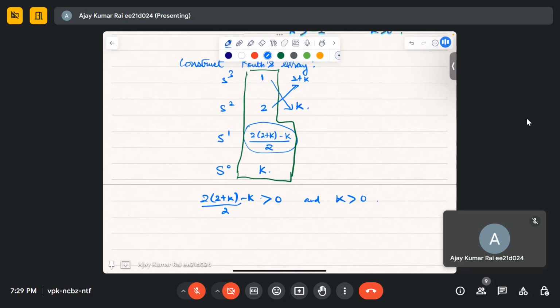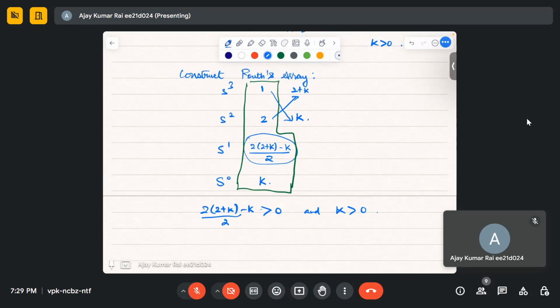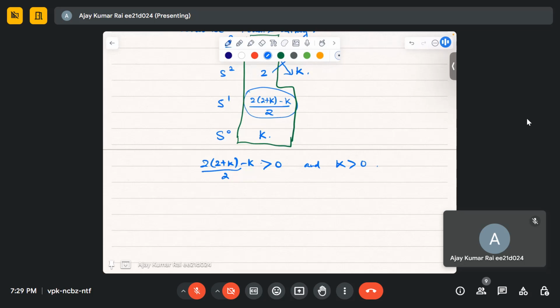Then only we ensure there is no sign change. If you solve this, the numerator is 4 plus 2k minus k greater than 0, which is 4 plus k greater than 0, and k is greater than minus 4.